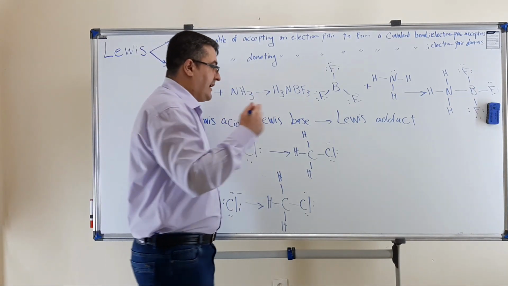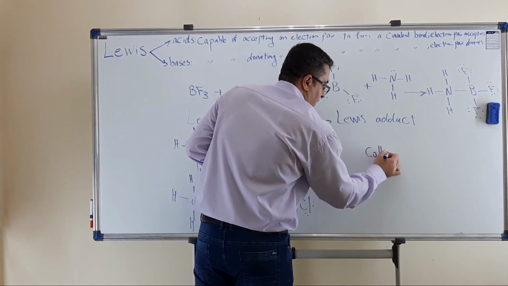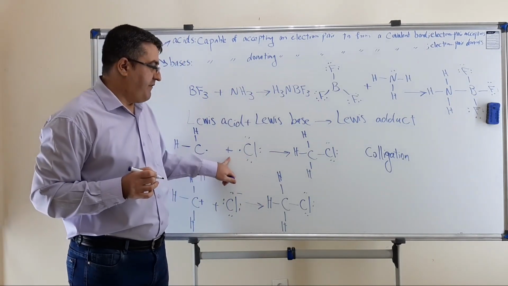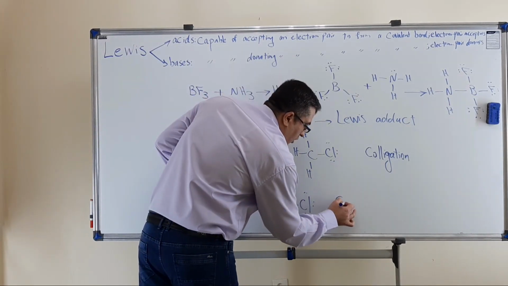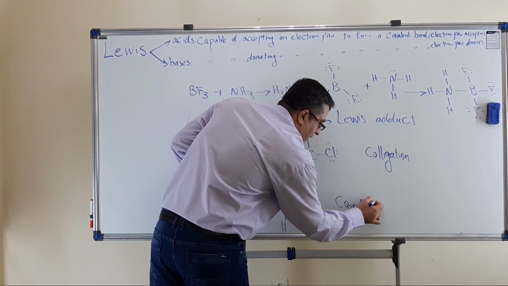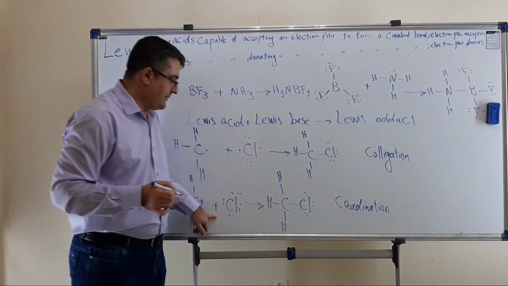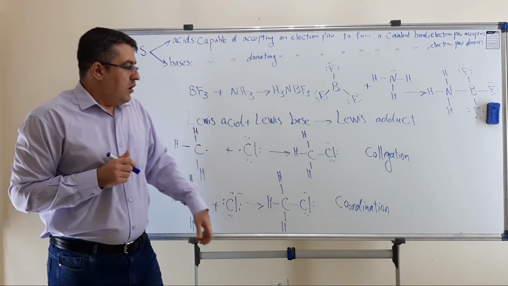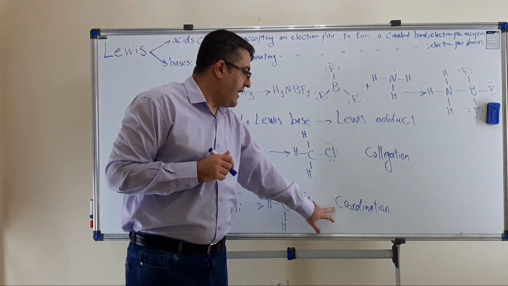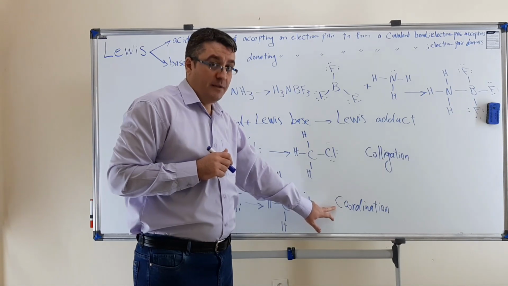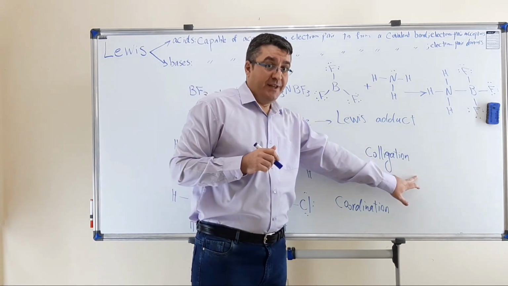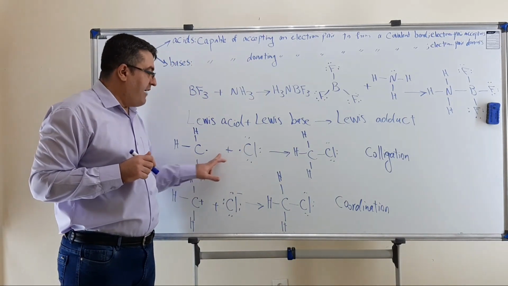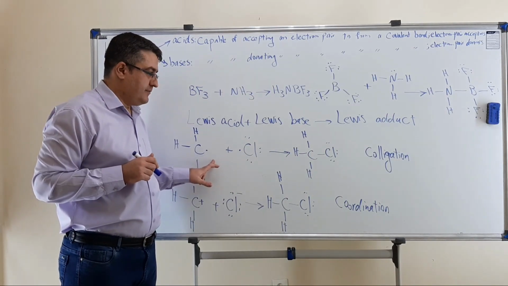IUPAC uses the term colligation for the process in the first reaction, and the term coordination for the process in the second reaction. Both colligation and coordination are the formation of a covalent bond. But in colligation, two shared electrons have come equally from two parts.